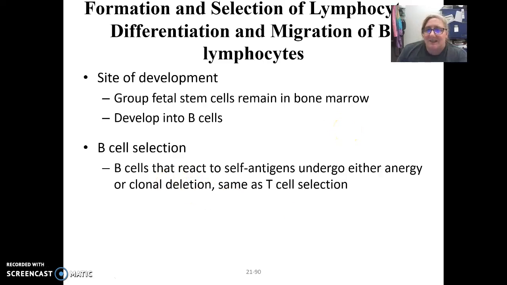B lymphocytes do a similar process. I told you that. They also go through selective processes, but they do all of this in the bone marrow. And if they do not make it through both positive and negative selections, then they're basically going to be killed off.